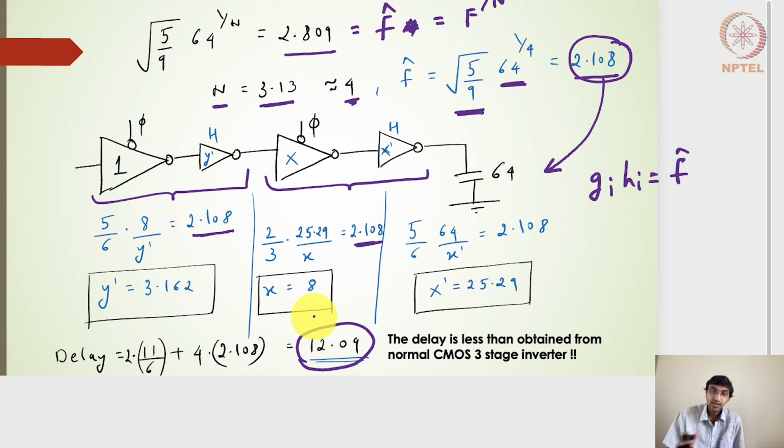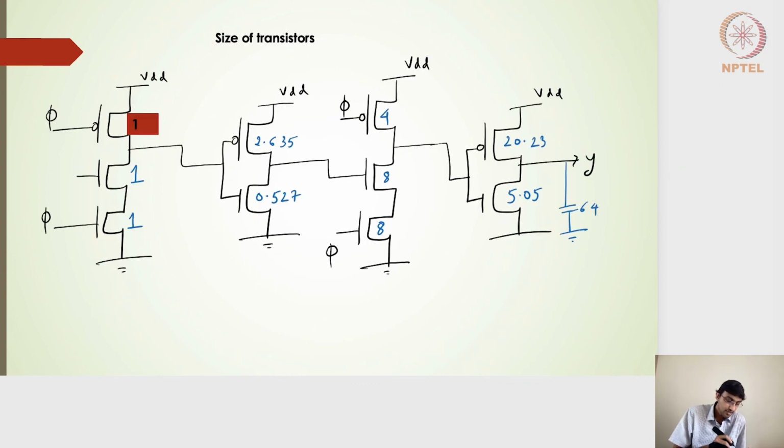Here with the 4 stages, in fact 2 pairs of domino logic family, we are getting a delay of 12.09, which is less than 15. This is a normalized delay value, not an absolute one. If I want to find the absolute value of the delay, I have to multiply it by 3 RC, and if we have the RC value as 1 picosecond, we can calculate the absolute delay. So hope this is clear.